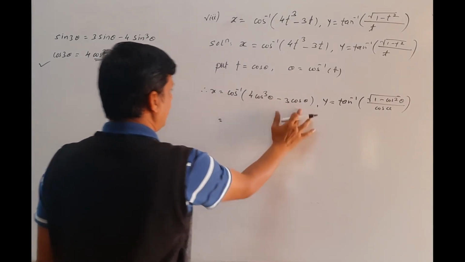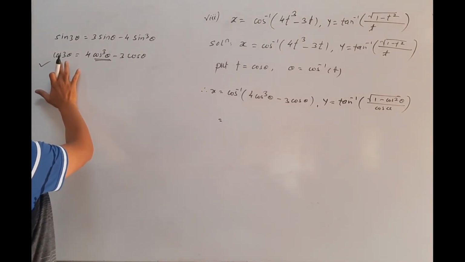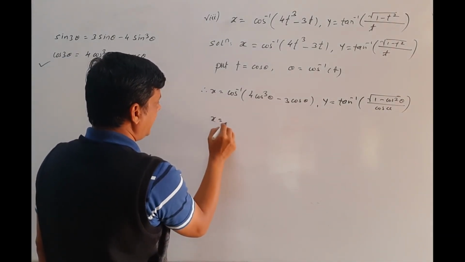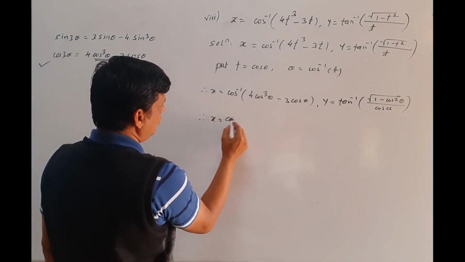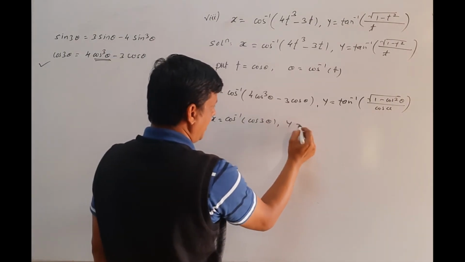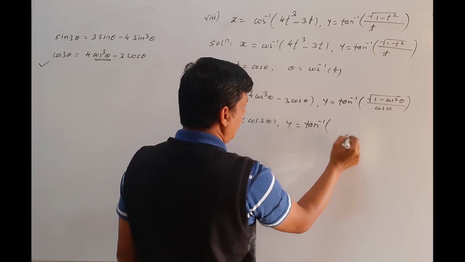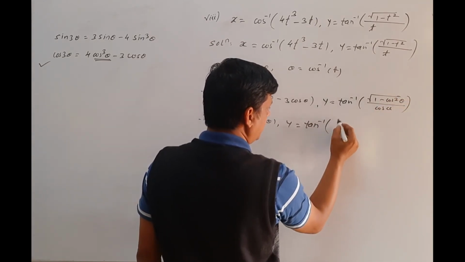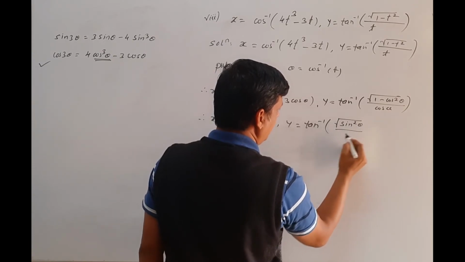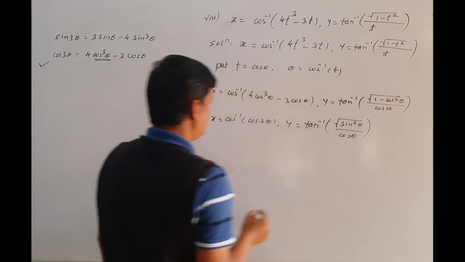So we apply the triple angle formula for the bracket. By using this we write cos 3θ in the bracket. So x equals cos inverse of cos 3θ. y equals tan inverse of, here 1 minus cos square θ we write as root of sin square θ, upon cos θ.